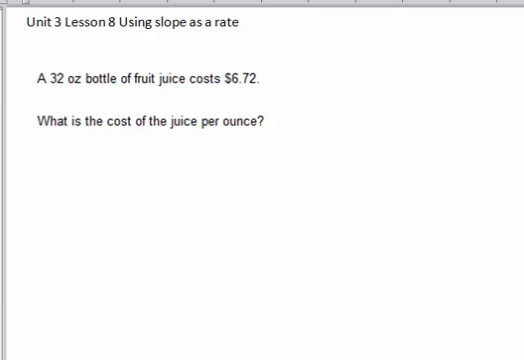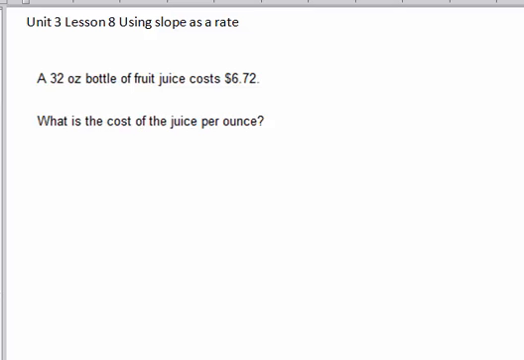So we have a 32-ounce bottle of juice that costs $6.72, but we want to know how much the juice costs per ounce. We can plot a graph using the 32 ounces on our x-axis and dollars on our y. And so we go over to the right 32 ounces, we would go up 6.72.